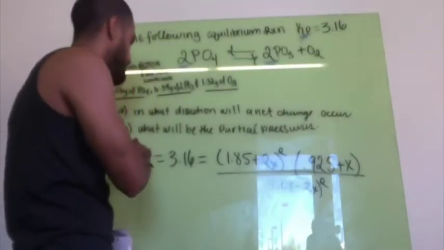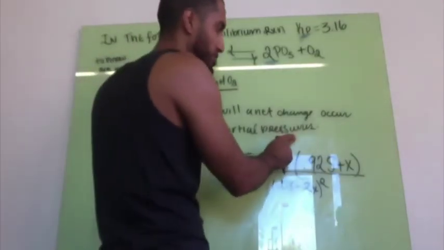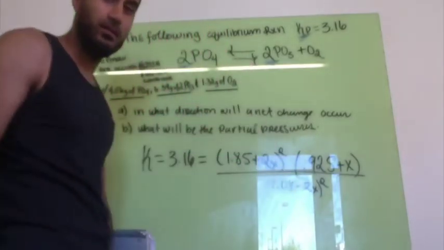For part B, the question is, what will be the partial pressures of each of the species?